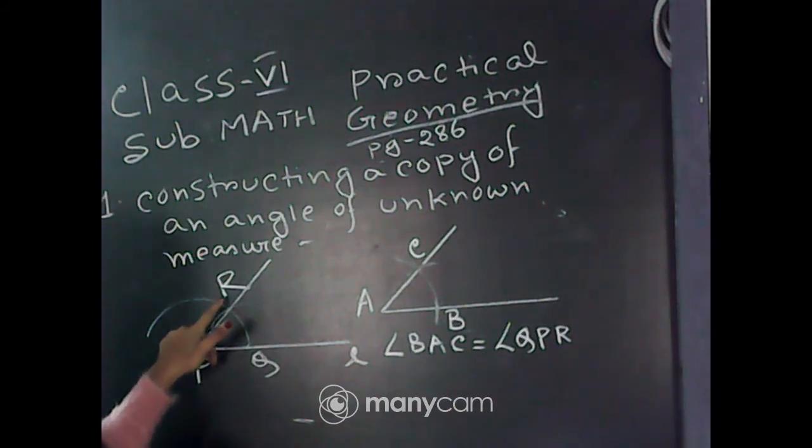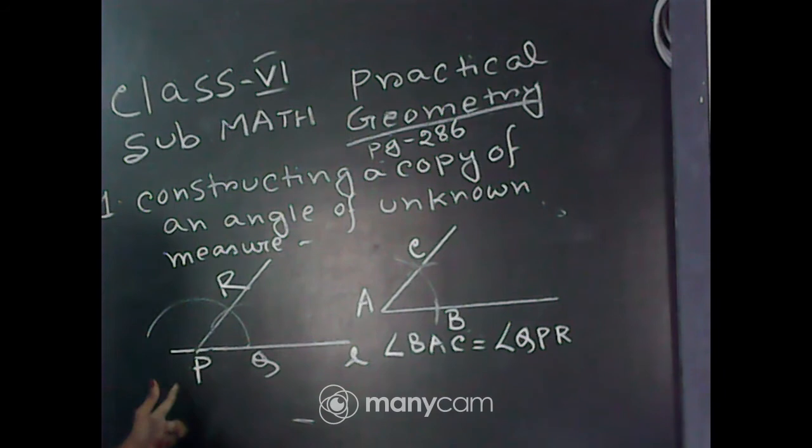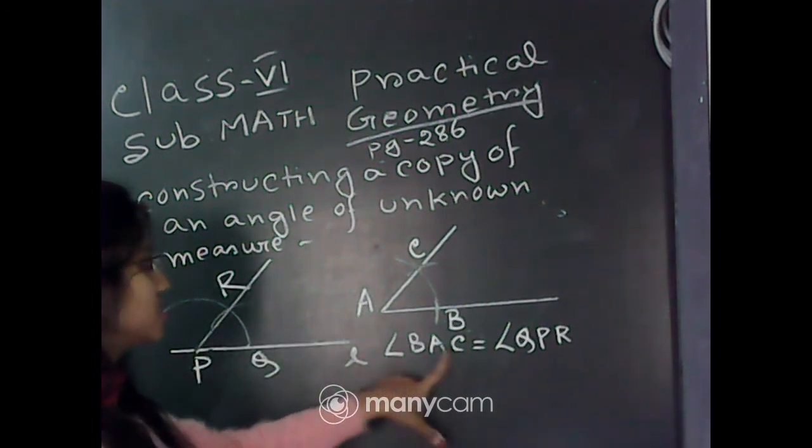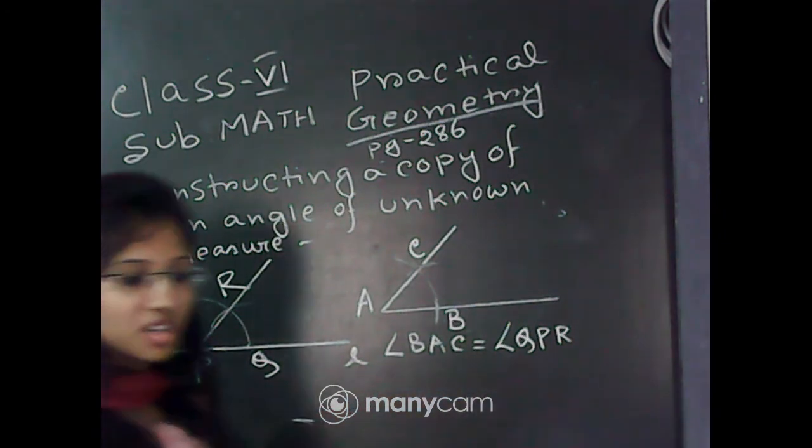Suppose this arc cuts the previous arc in R and join PR. So, we get the angle P, and here angle P has the same measure as angle A, and angle BAC is equal to angle QPR.